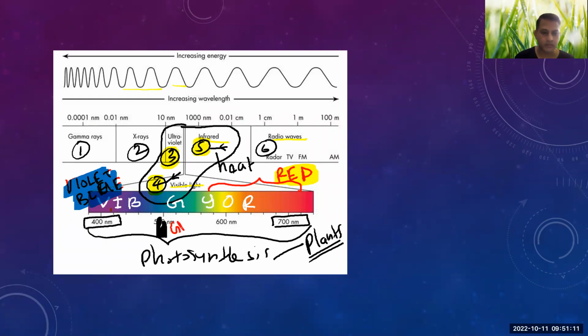So the 7 colors we can summarize into 3 colors: violet blue, in the middle is green, other side is red. Okay, now why is it important to understand this light? Because light brings us the energy.